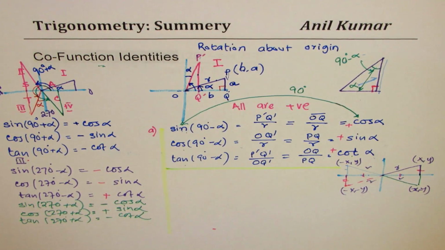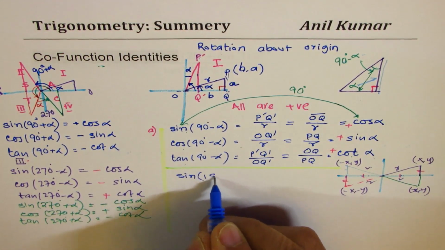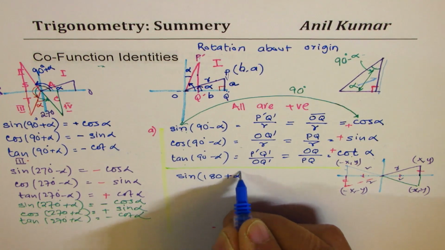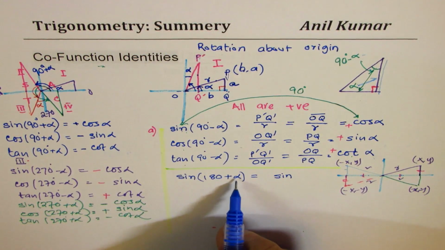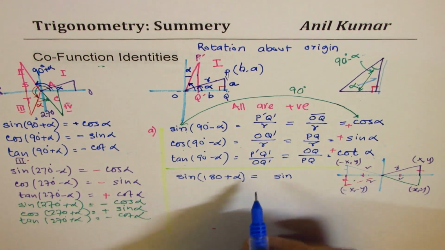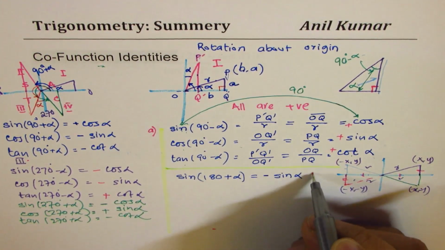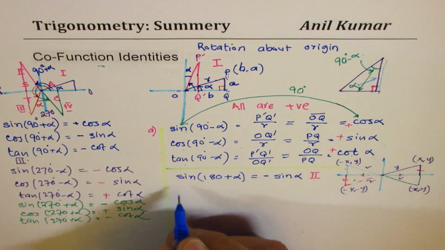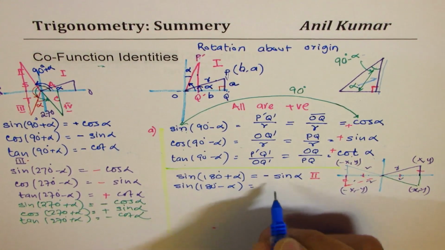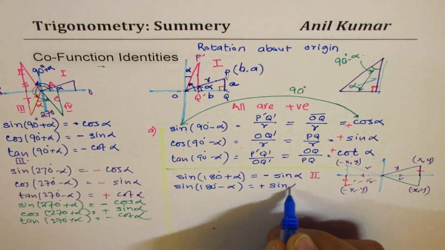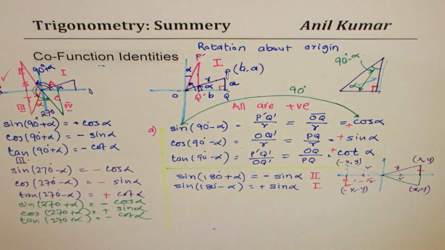These are not cofunction identities, but just a summary to give you that if I do sine of 180 degrees plus alpha, it remains sine. Do you see that? But since we are in 180 degrees plus alpha, we are in quadrant 2, right? So it becomes negative since we are in quadrant 2. Do you understand? But if I do sine of 180 degrees minus alpha, then it remains positive sine alpha, since in quadrant 1 sine is positive, correct?